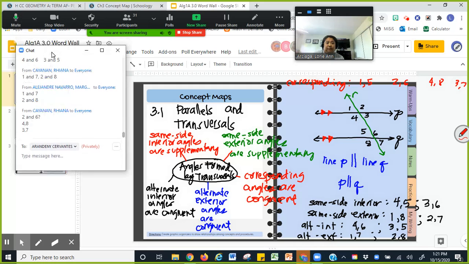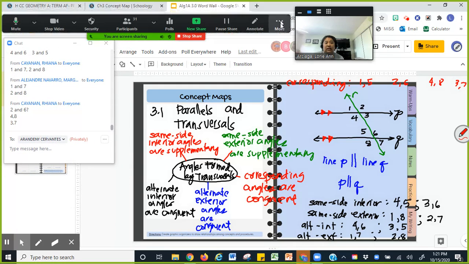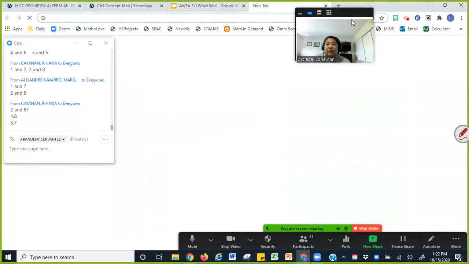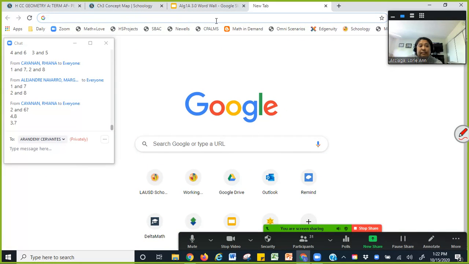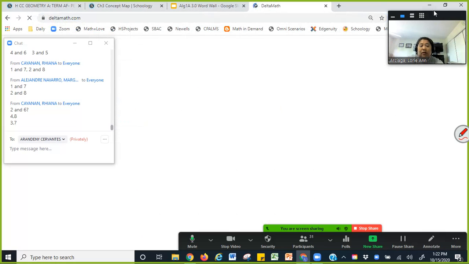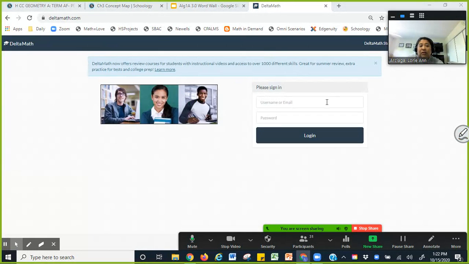All right. So in the next computation that we will do, I need you to log in to your Delta Math. And if you haven't made a Delta Math account, this is the best time to make one. So deltamath.com. And I created an assignment that's specifically for Zoom.